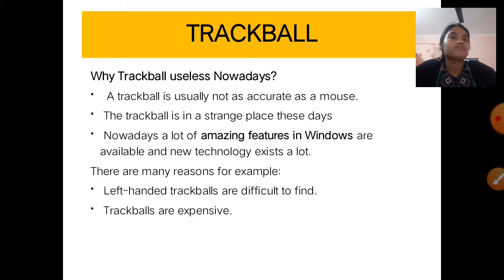That's why trackballs are useless. There are also many other reasons. For example, left-handed trackballs are difficult to find, and trackballs are expensive. This is also another disadvantage, so trackballs are useless.